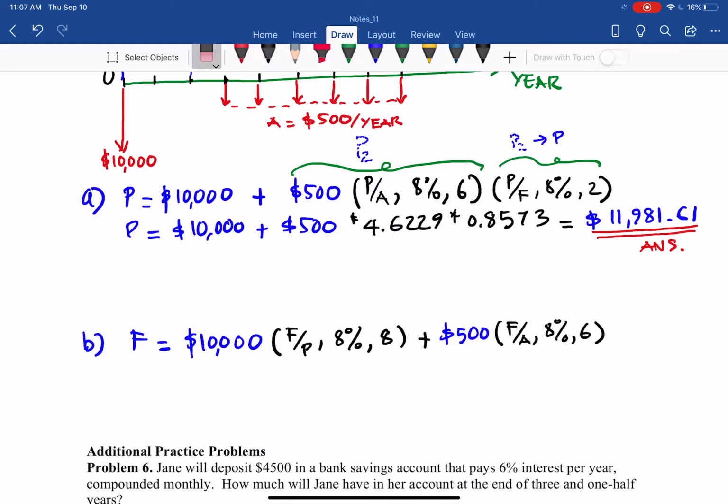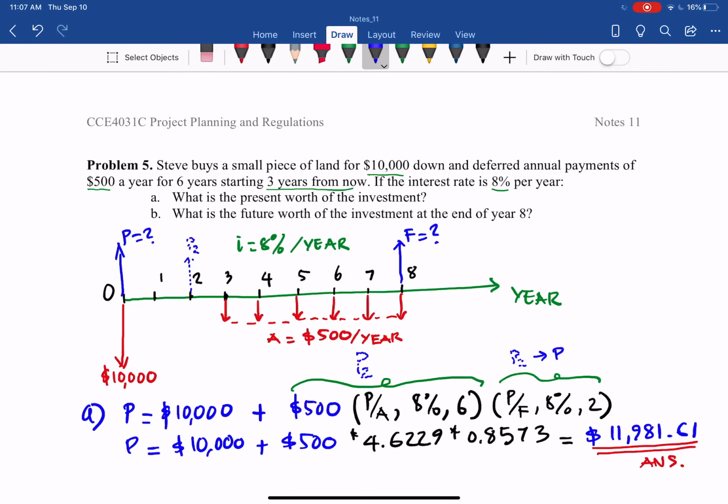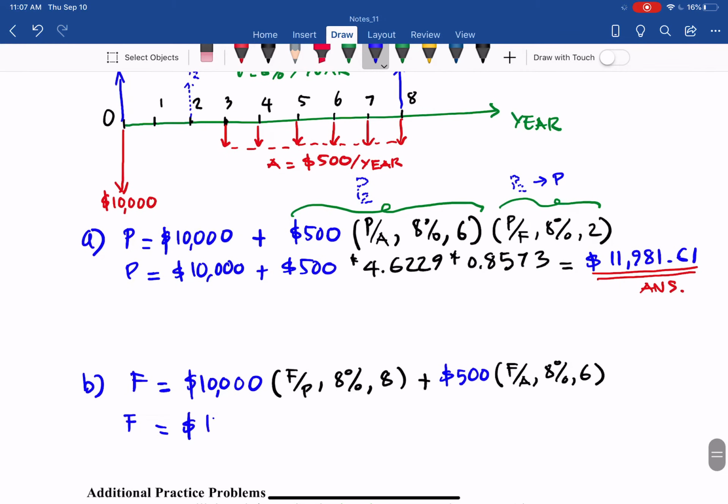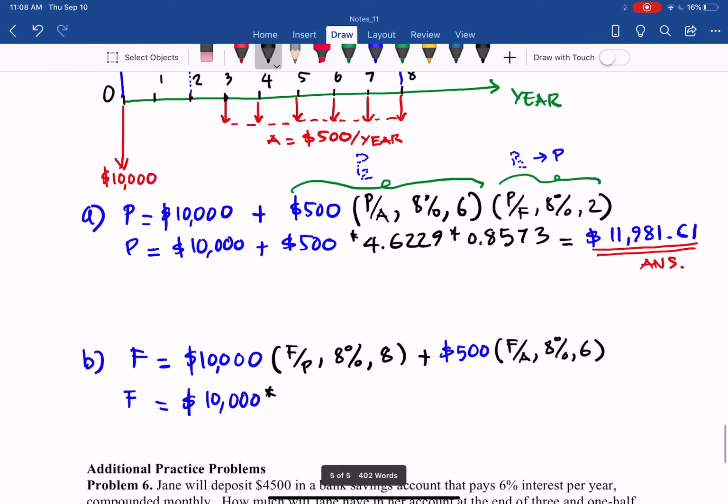We can have F equal to 10,000, and I suggest you go to the table and become familiar with where this number comes from, in the exam reference, 1.8509, plus 500 times 7.3359.